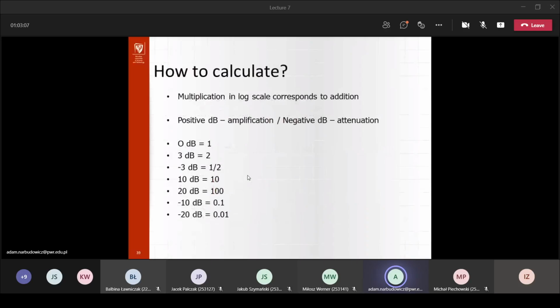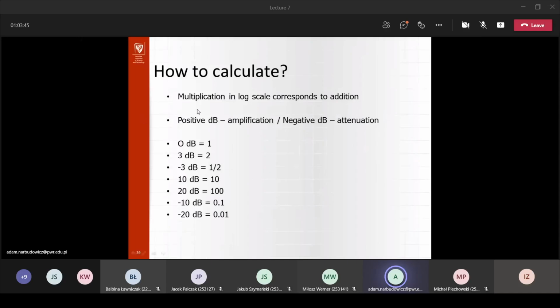Now, there is an easy way to calculate, and I will not hold it here, but I think this is the whole reason why the decibel scale is helpful. It is a learning curve at first, but once you learn it, you can very quickly perform quite a lot of calculations in your head without using any calculator, which is actually an advantage, especially in meetings with customers when you don't have any advanced simulation tools.